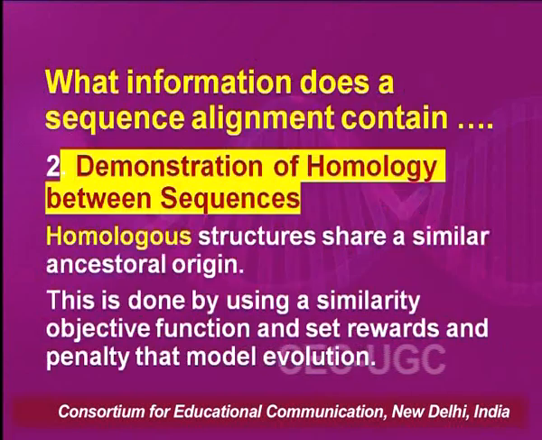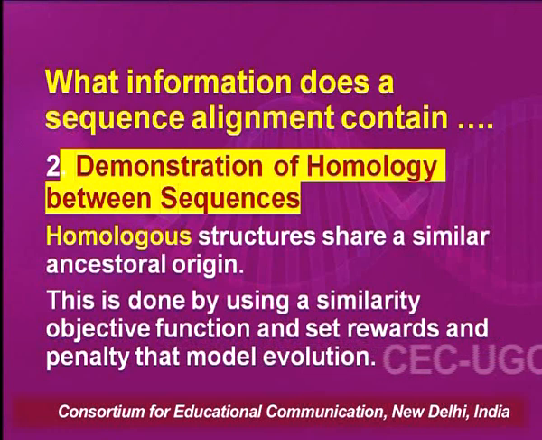Then it also tells you about homology between the sequences. Now what is homology? In homology we talk about the ancestral sequences or maybe the origin, and we talk about evolution and ancestry, and this is done by using a similarity objective function, and we set rewards and penalties to model evolution.